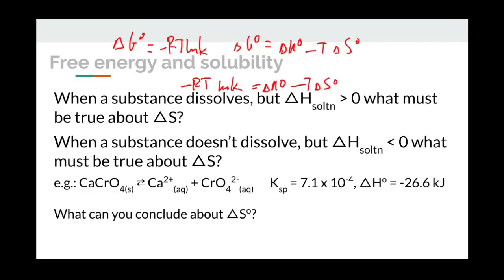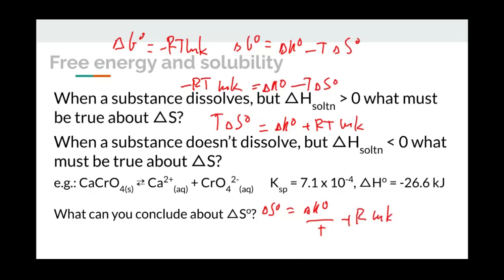Remember, we're trying to isolate delta S, so let's add T delta S to both sides. So that would give us T delta S naught equals, and then let's also add RT natural log of K to both sides. So that would be delta H naught plus RT natural log of K. Let's divide all the way through by T to eliminate T. So now we get delta S naught isolated, which was our objective here, is equal to delta H naught over T plus R times the natural log of K.